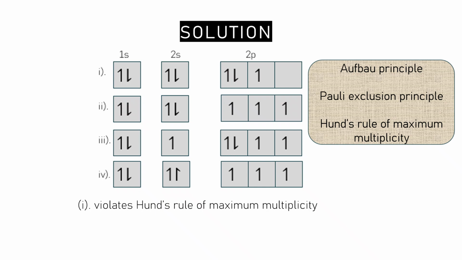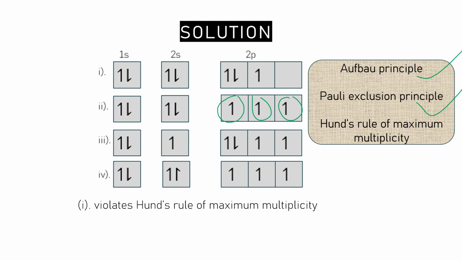Now let's look at II. What can we see here? For II, it obeys the Aufbau principle since the lower energy orbitals are first filled fully. It also obeys Pauli's exclusion principle. What about Hund's rule? You can clearly see that the electrons fill singly with parallel spins before pairing up with opposite spins begins.